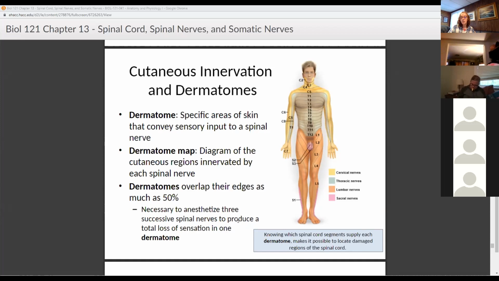The dermatome is a map of the cutaneous regions that's innervated by each spinal nerve. So each spinal nerve innervates a certain patch of skin.